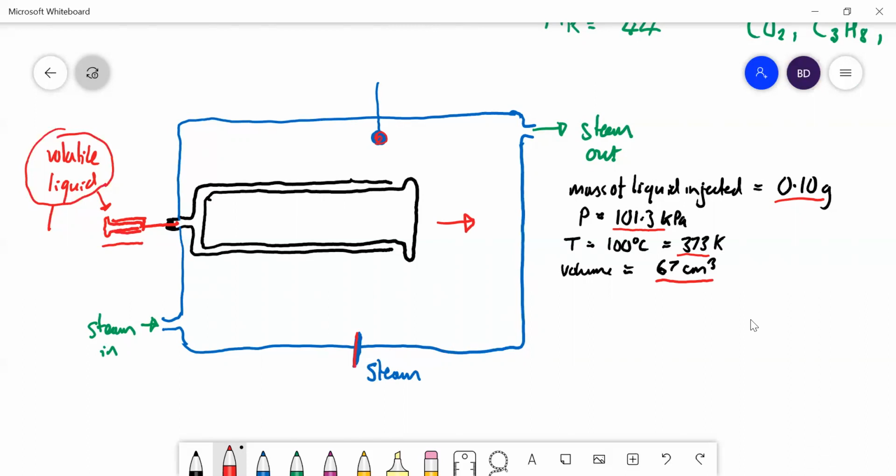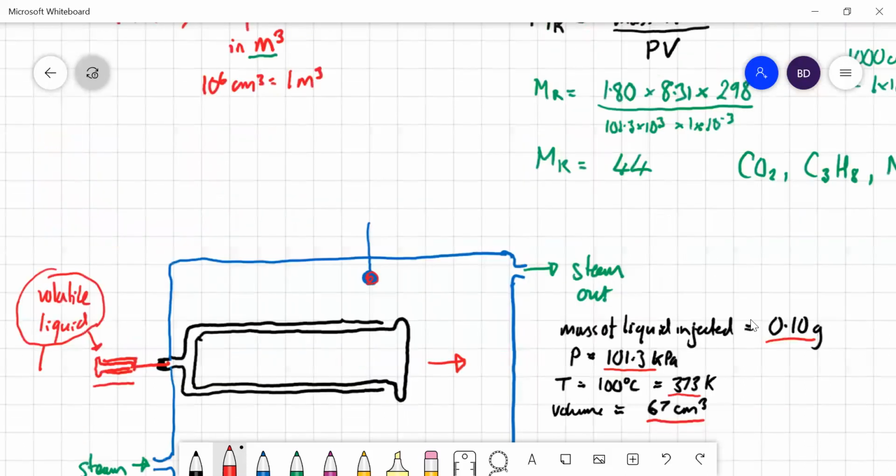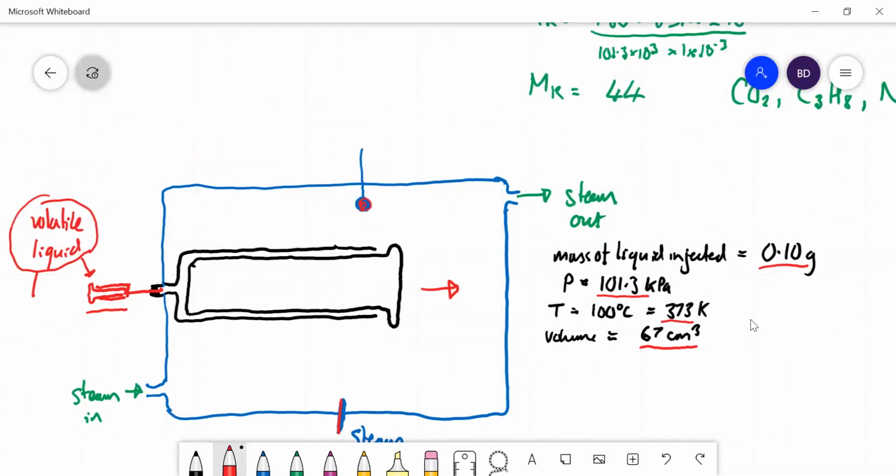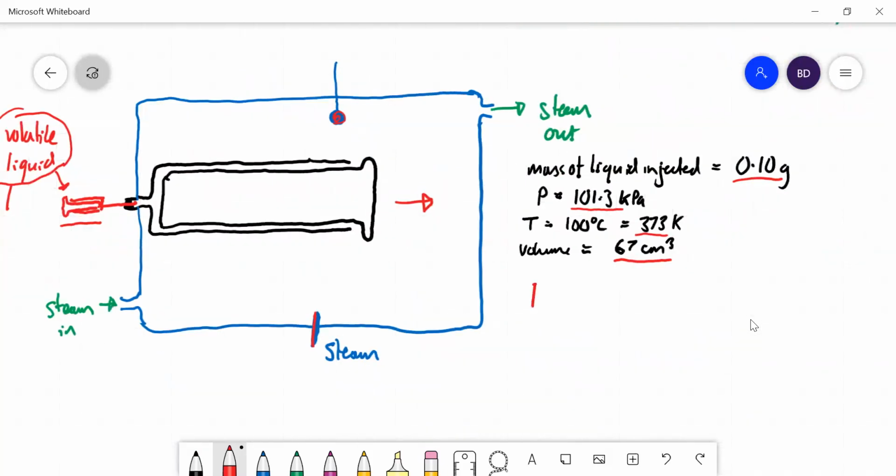So we need to put that into our ideal gas equation to find out the Mr. Mr is equal to mass times RT over PV.